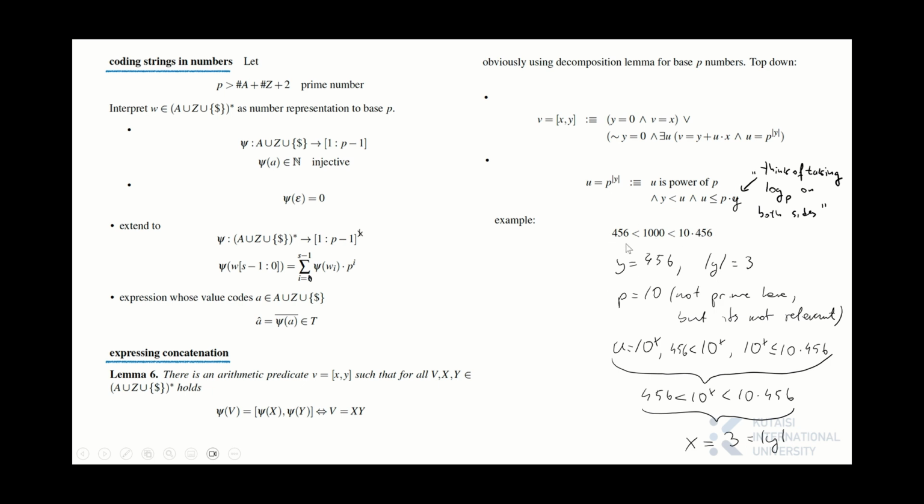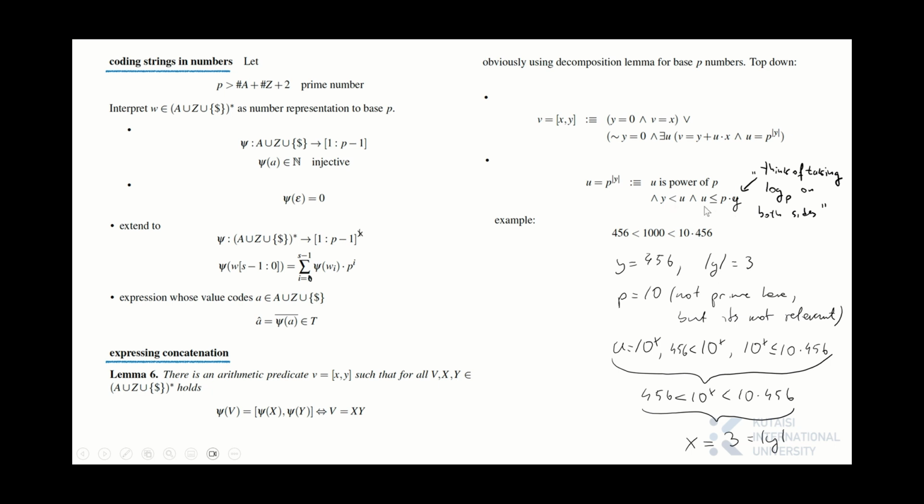So we tried to convince ourselves that u is equal to p to the power of the length of y is equivalent to y is less than u and u is less than p times y, and u is a power of p. Now, as we defined L_E, the language of statements of elementary number theory, these two things are not allowed.